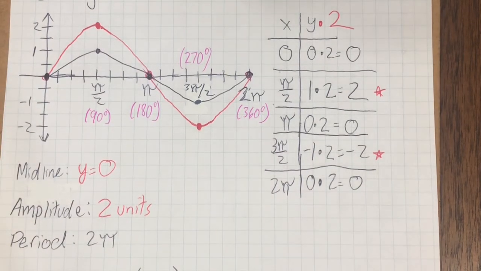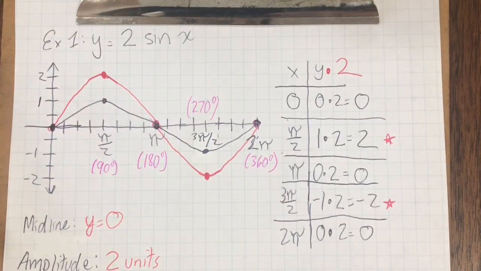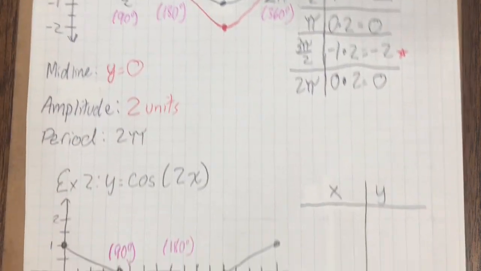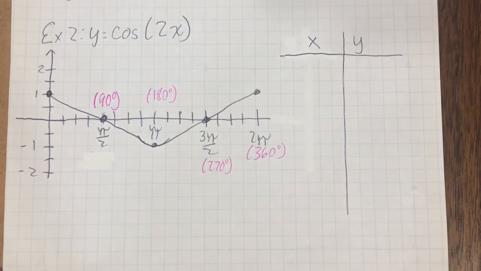All right, so these are the 3 characteristics for y equals 2 times sine of x. All right. So let's take a look at the second example, which is y equals cosine of 2 times x.